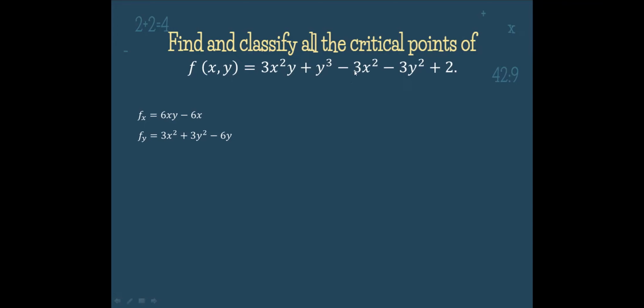Of course, negative 3x squared is a constant, so that is 0. For negative 3y squared, the derivative is negative 6y. And for 2, that is a constant, so that means 0.